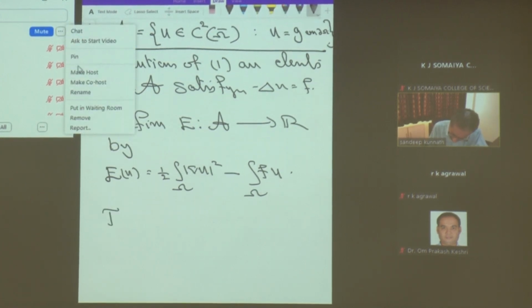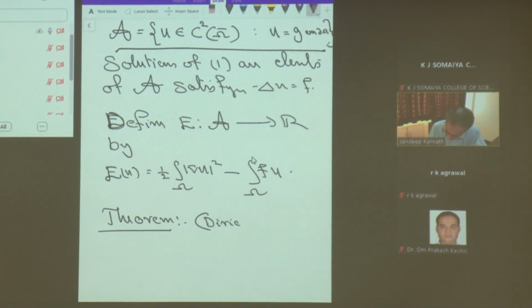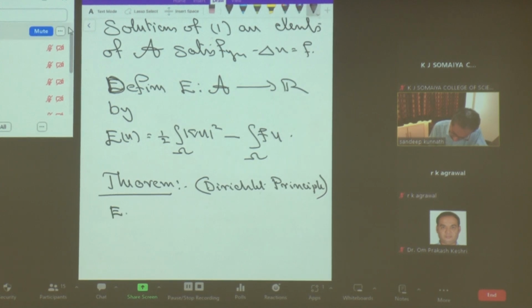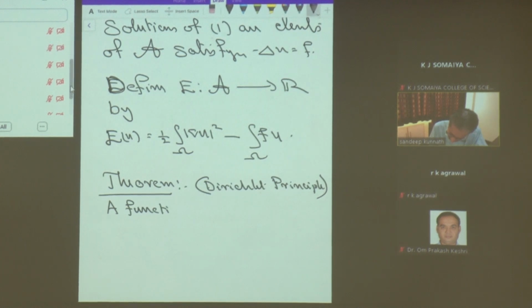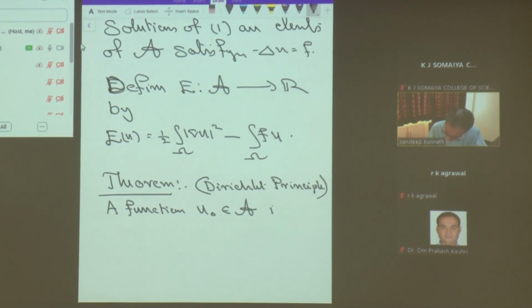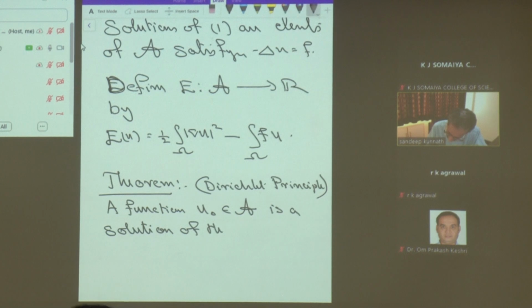Then what is the Dirichlet principle? The Dirichlet principle says that a function u naught, an element of script A, is a solution of the Dirichlet problem 1.